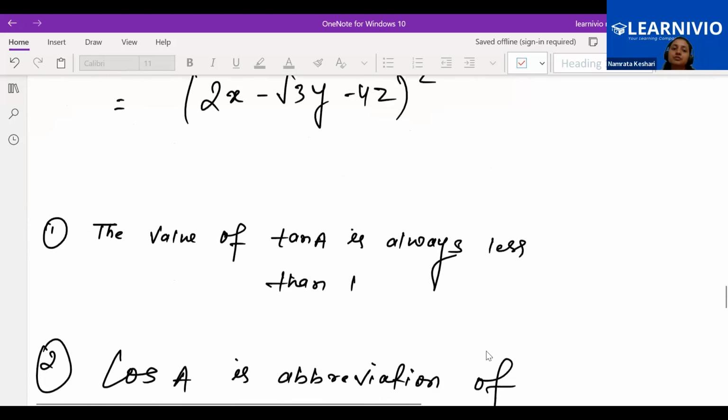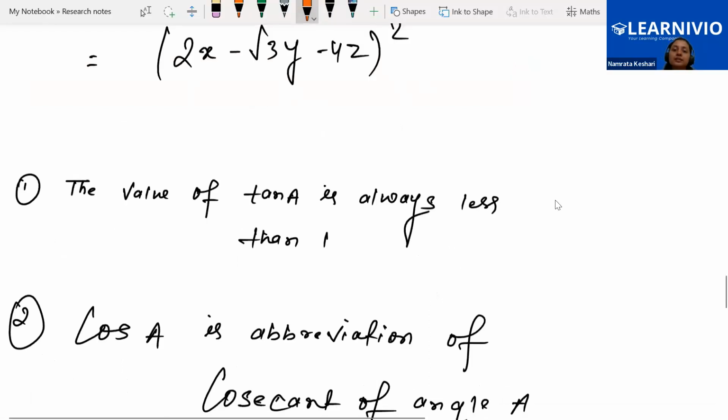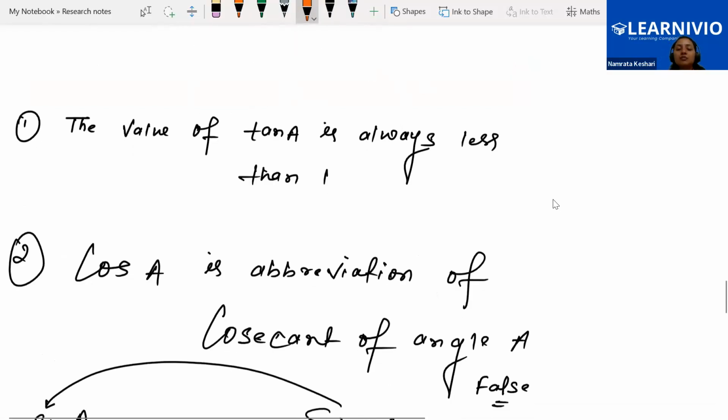And now the first question: the value of tan A is always less than 1. Okay, let's take a triangle. Till now, you know that there is a right angle triangle through which 6 possible ratios can be made, and only those 6 ratios are in trigonometry. They have specific names: sine theta, cos theta, tan theta, cot theta, sec theta, cosec theta.